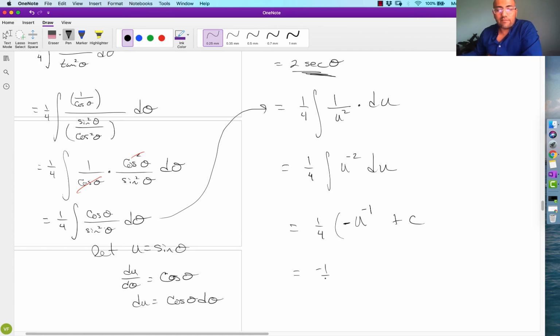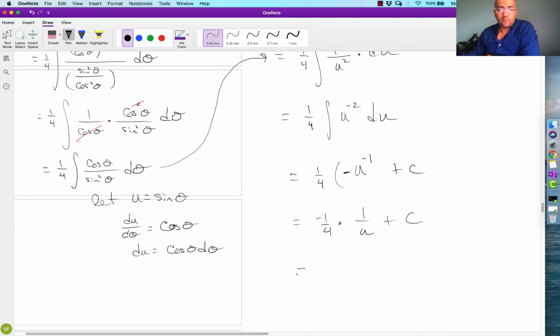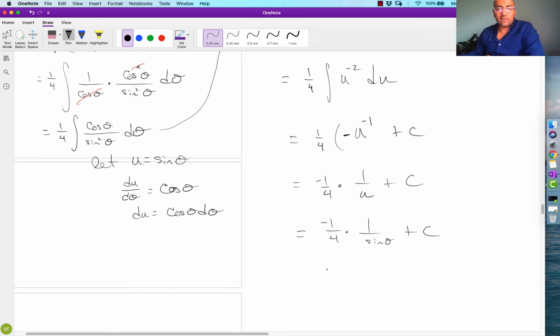So this becomes negative 1/4 times 1 over u, plus a constant, where u is sine of theta. So this becomes negative 1/4 times 1 over sine of theta plus c. And 1 over sine of theta is the same thing as negative 1/4 cosecant theta plus a constant.